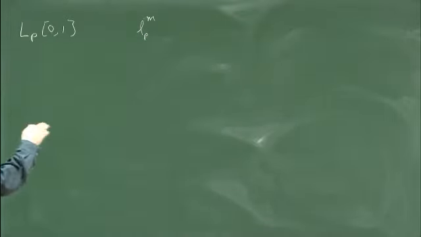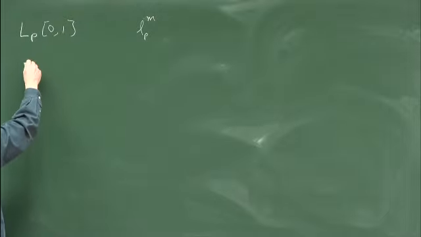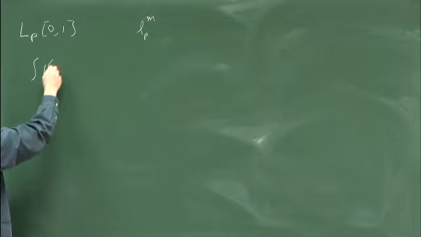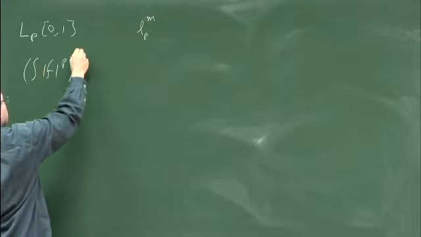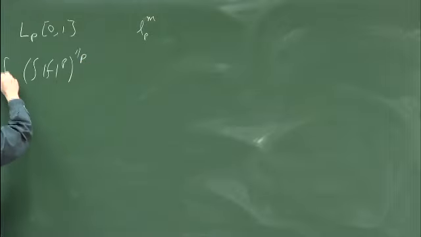It's just that I prefer to speak it like that. This is just the space of all functions on 0, 1, such that the integral of f to the p with respect to the Lebesgue measure is finite, and this is the norm.